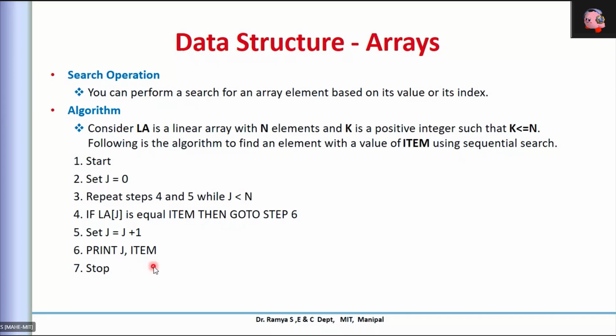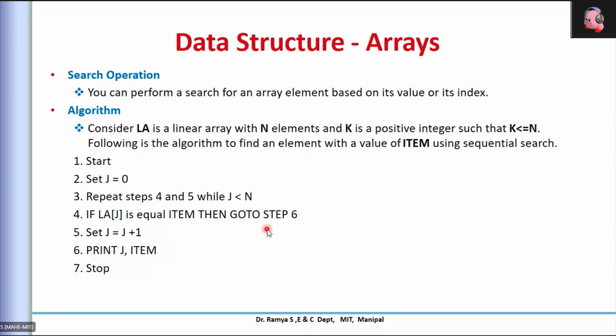Okay, is it clear? If it is not found, say for example, this is a worst case. The item whichever I wanted to search may not be existing in the array. Then this loop is going to execute for all the length. That means this is a worst case, correct?